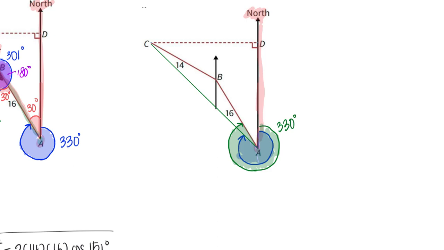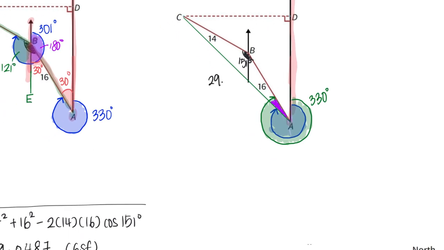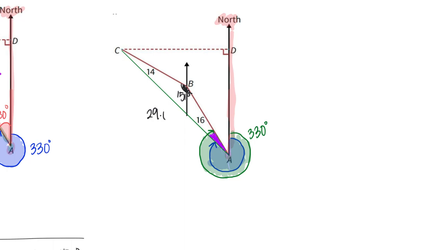And therefore, if I know this angle BAC, I could find the bearing of C from A easily, right? And we could do that now that we have certain information. We can actually apply sine rule. I have 151 degrees now. I also have the length of AC, 29.0487.